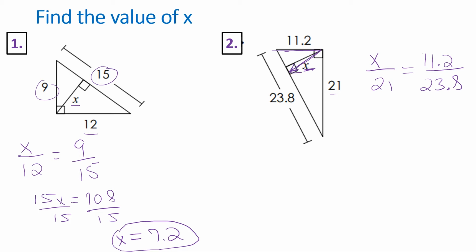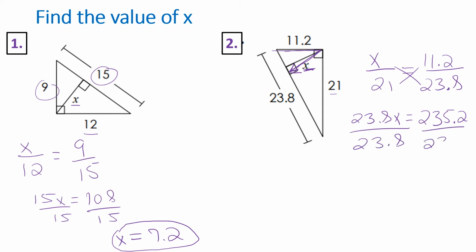Solving that proportion, we just cross multiply. That would be 23.8 x is equal to 235.2. Left with that one-step equation, 235.2 divided by 23.8 will give me 9.9. So x in this case is 9.9.